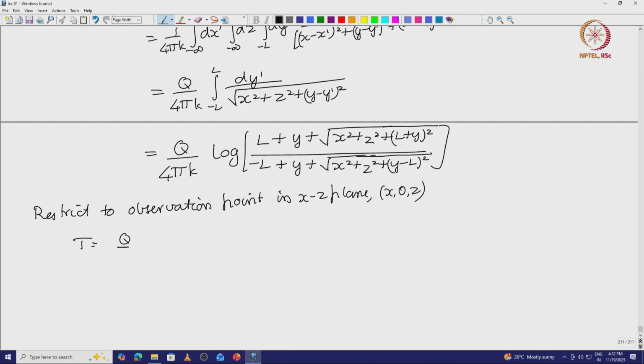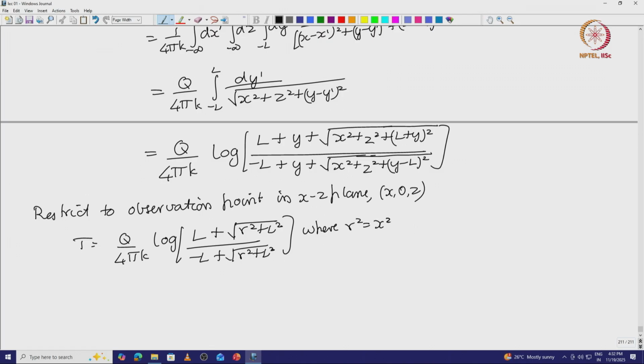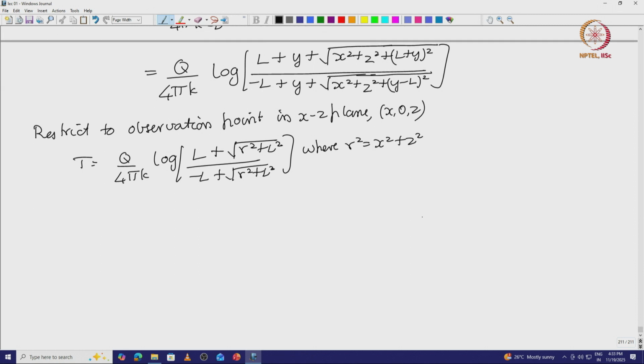T is equal to q by 4 pi k log of (L plus square root of r square plus L square) by (minus L plus square root of r square plus L square), where r square is equal to x square plus z square. So, that is the solution for the temperature field along the xz plane where y is equal to 0.